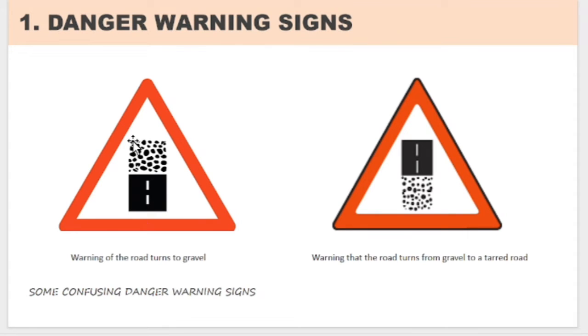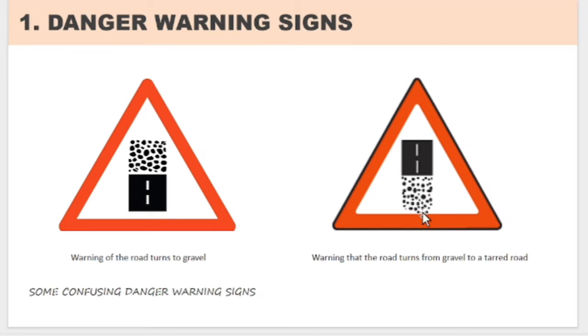I've always said to you guys that if you see a sign like this, remember you are traveling from down to up. So you're traveling from a wide tarred road to a gravel road. So do take note of that. It's a warning of a road that's turning to gravel. A nice tarred road is turning to a gravel road.